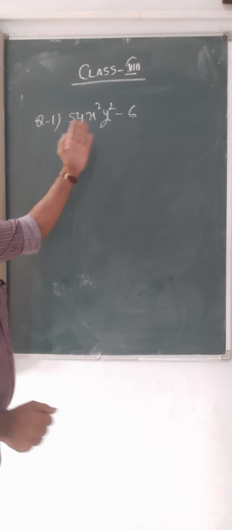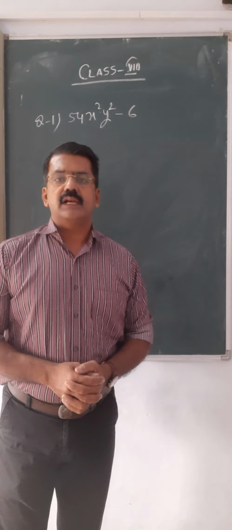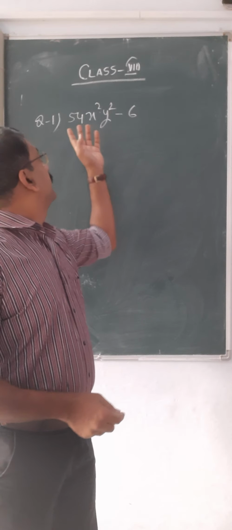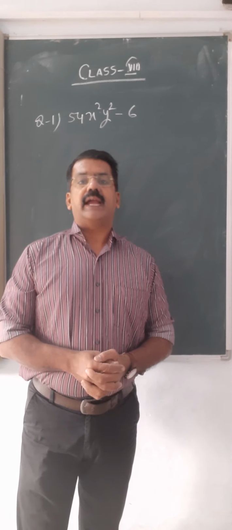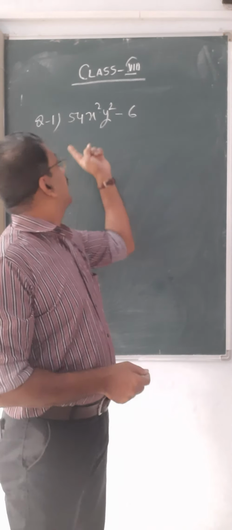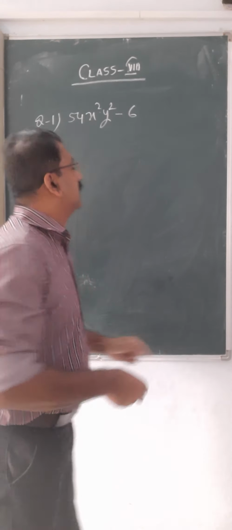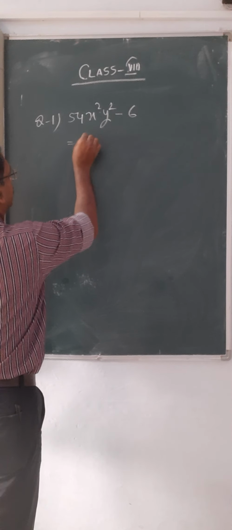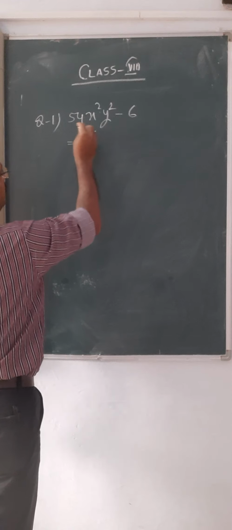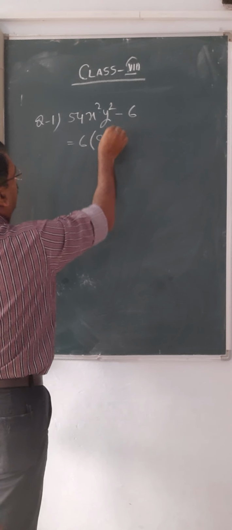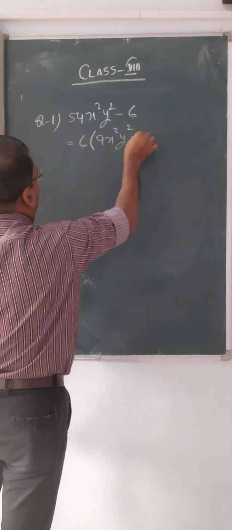So you can see from these two, we can take 6 common because 54 is 9 into 6. So 6 can be taken as common from both. So when you take 6 common, within brackets you will have 9x square y square minus 1.